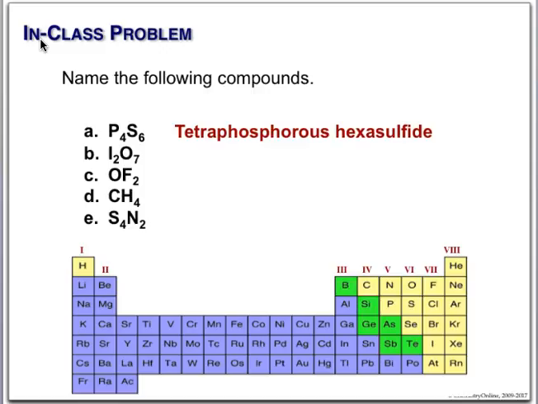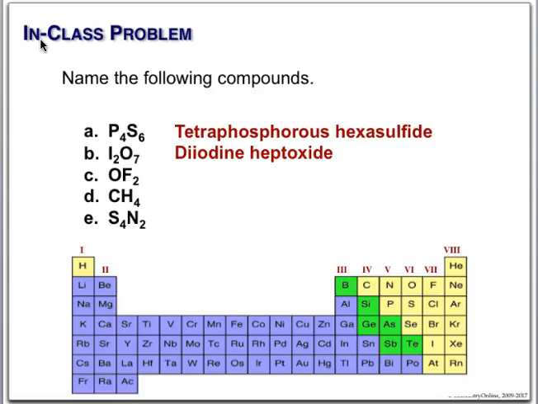And we have 7 oxygens. What's 7? Hept. This is diiodine heptoxide. Again, this is another one where we have the AO. We just dropped the A.